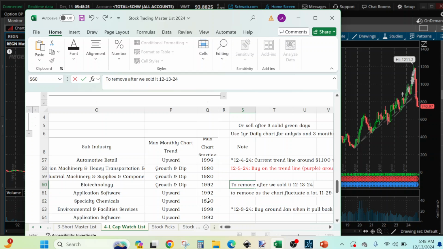Yeah. As A can go below the trend line, the long-term trend line. If I cannot track it using the trend line, then I will say my trading strategy does not work for it.